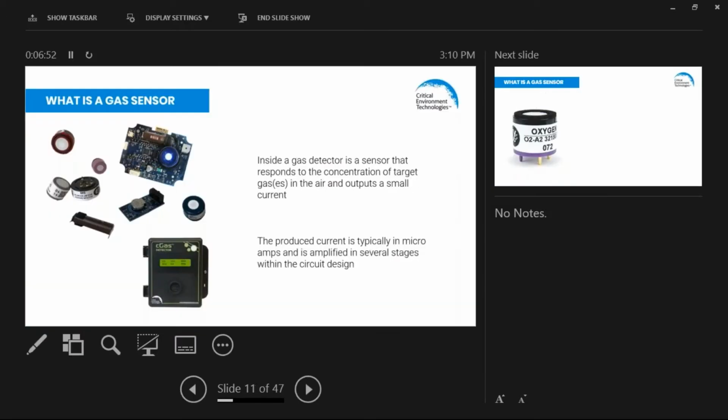How does the gas sensor work? Inside most gas detectors in the industry, there is a type of gas sensor, and there are various types used throughout the industry. These types of sensor elements produce a very small electrical current, typically in microamps or nanoamps.